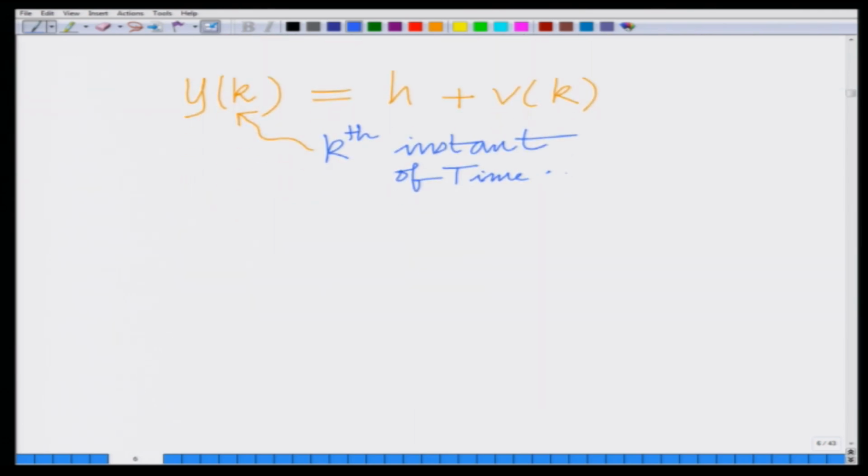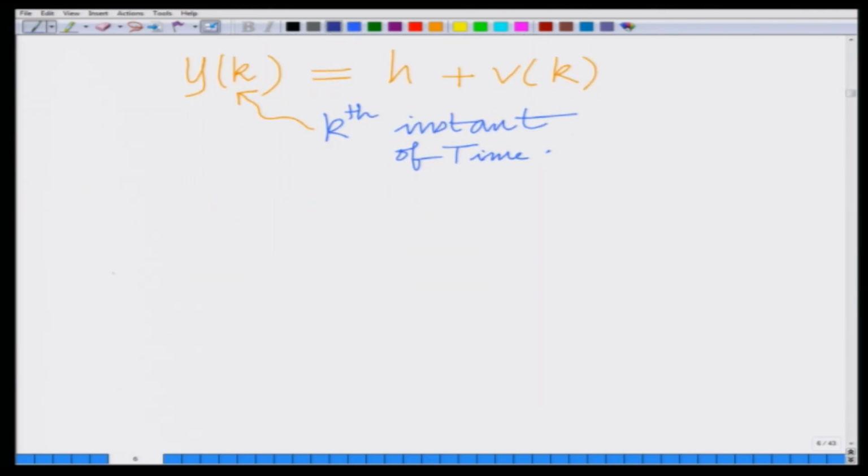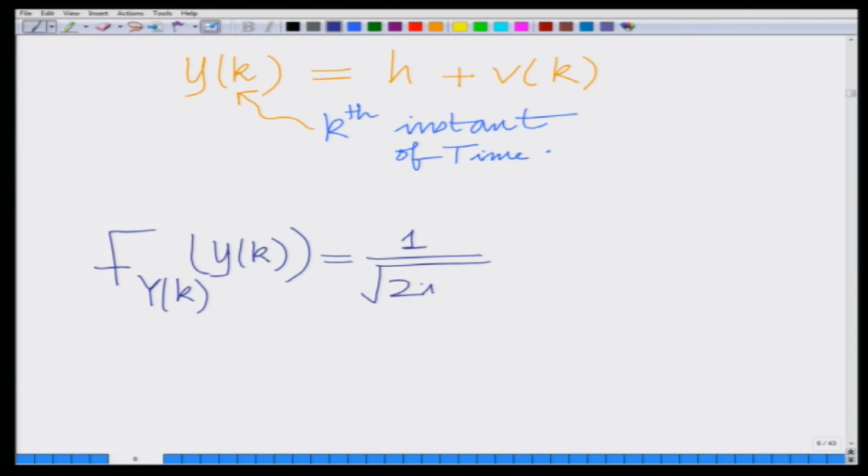And naturally the probability density function corresponding to yk is again the same. It is a Gaussian with mean given by the parameter h and variance sigma square. So, this is given by the probability density function, which is 1 over square root of 2 pi sigma square e raised to minus 1 over 2 sigma square (yk minus h) whole square.